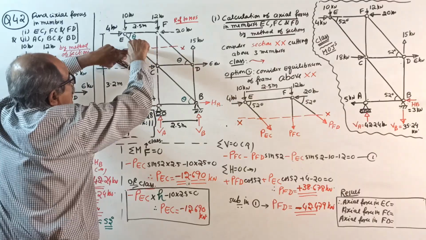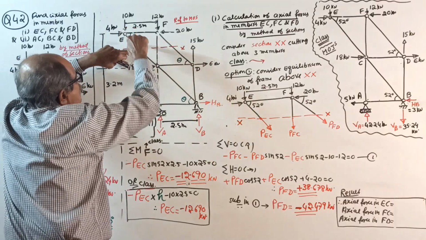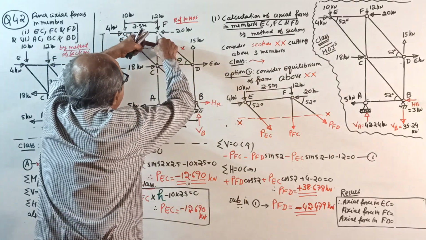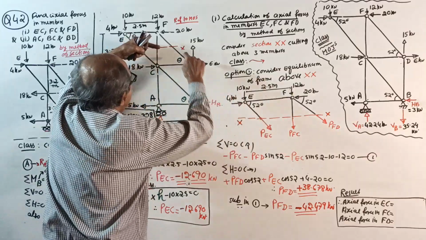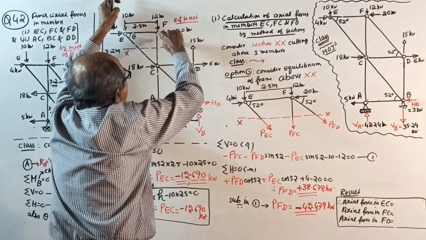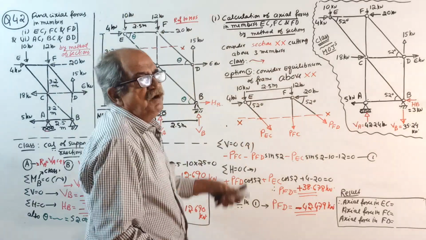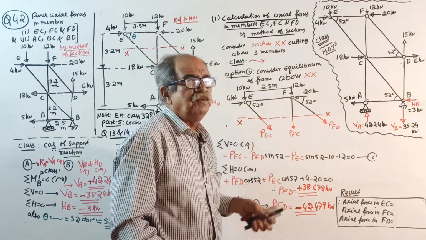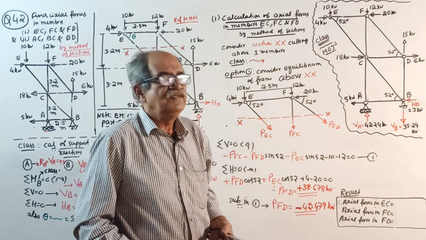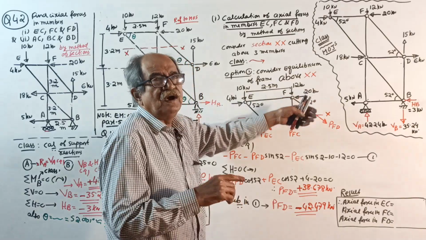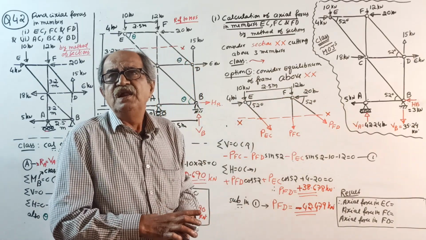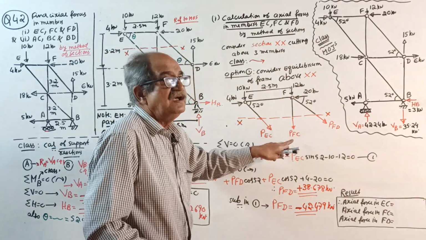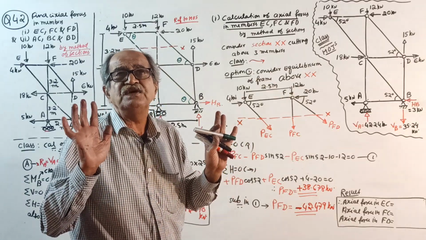this all I told you, this side what? E to C, EC, all outgoing. FC, outgoing. FD, outgoing. I will tell one more thing now. Those who are beginners. When you take the force outgoing, anywhere you cut, if you consider outgoing, later when you go for, these are not axial forces, these are the external forces, remember.